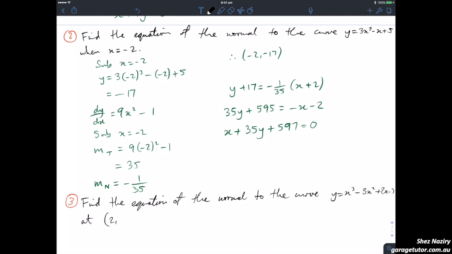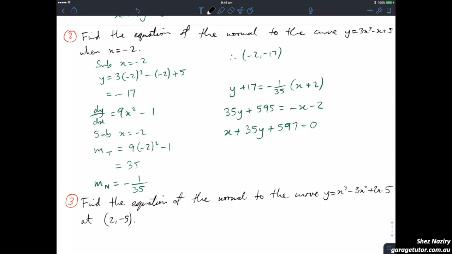Wouldn't that be negative 5? Negative 5, perfect. I'm going to fix it up now. No, it's 5. Okay, so that's the point.